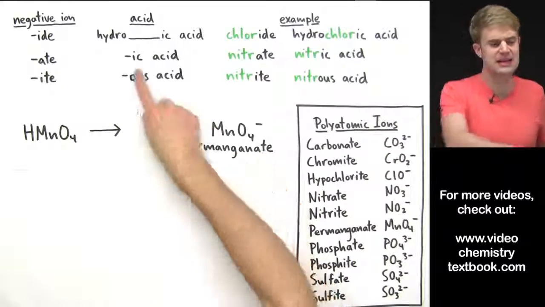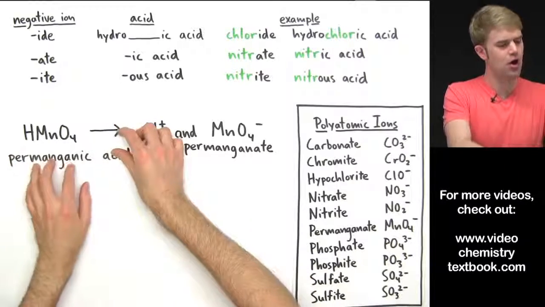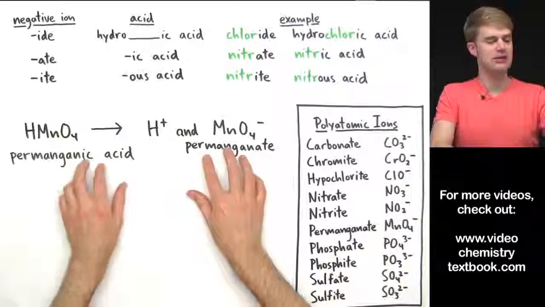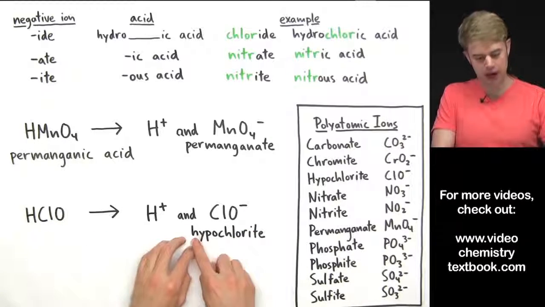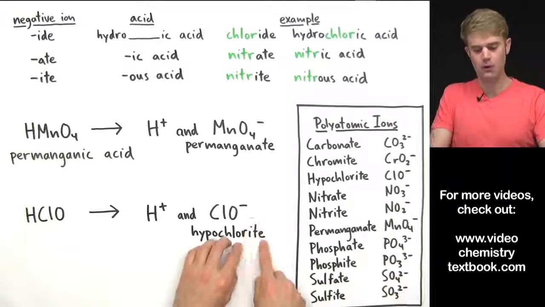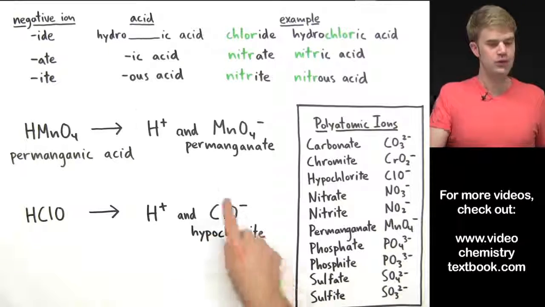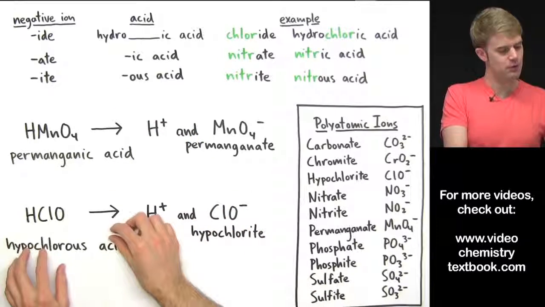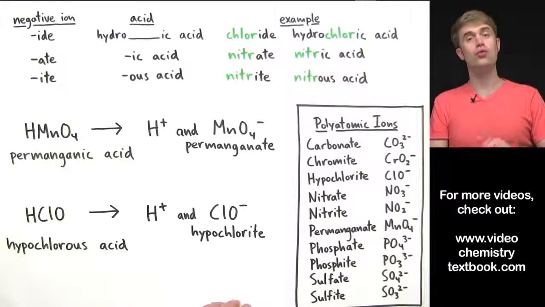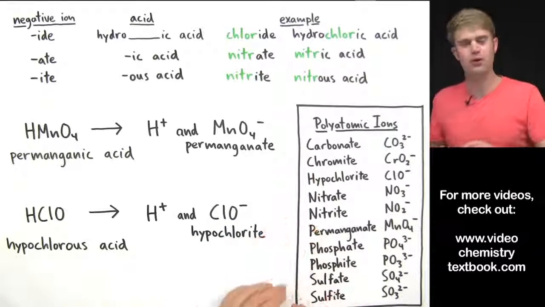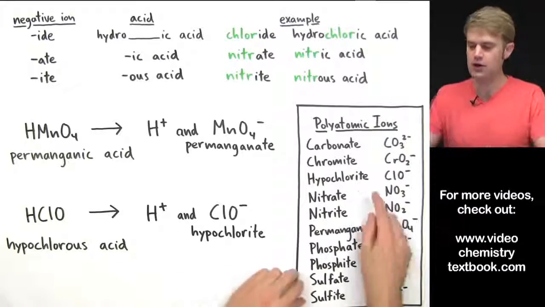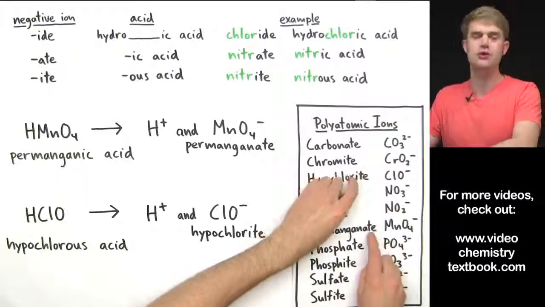We change the ATE to an IC, and we call this permanganic acid. This acid here contains hypochlorite, but only pay attention to this ITE. We change it to an OUS, and we name this hypochlorous acid. So if you run into a hypo or a per polyatomic ion, don't worry about it. Just focus on the letters at the very end.